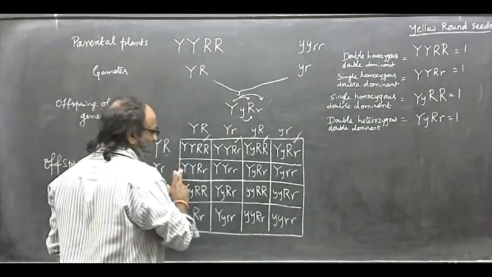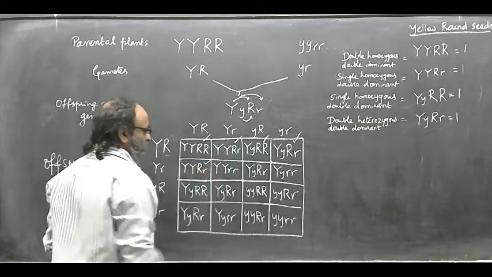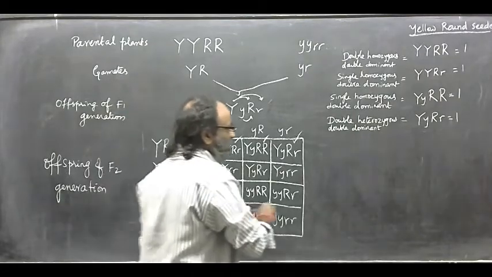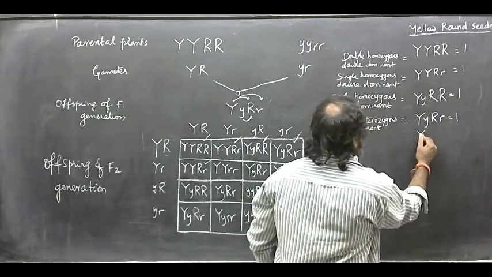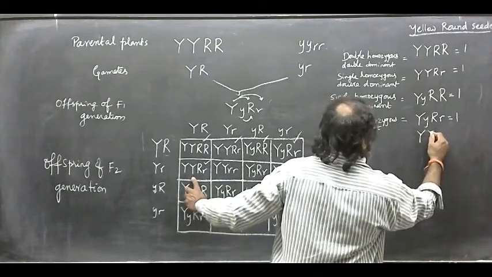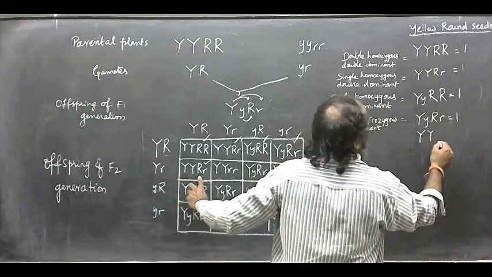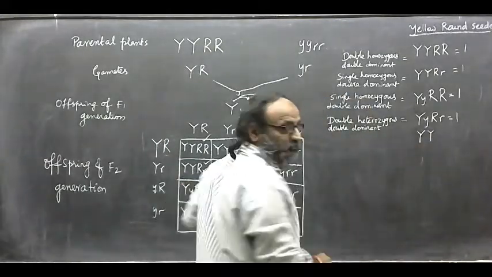Now let us examine the second row. In the second row we have capital Y, capital Y, capital R, small r, capital Y, capital R, small r.